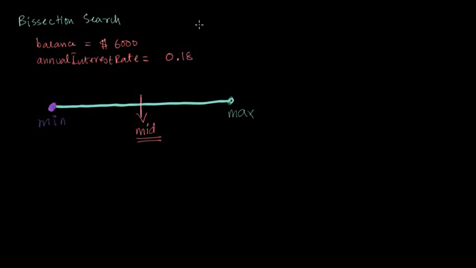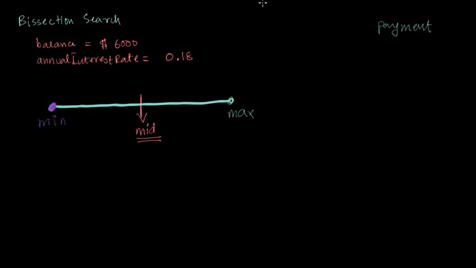So what would be the minimum amount? Let's call what we're going to pay the payment. It would be somewhere between the minimum and the maximum.